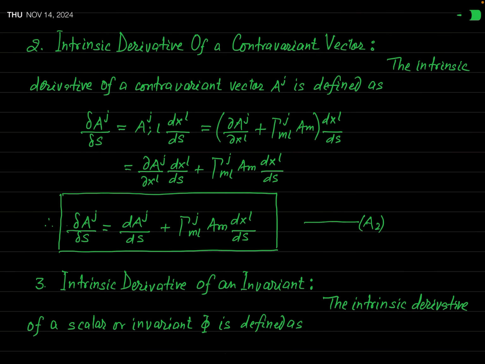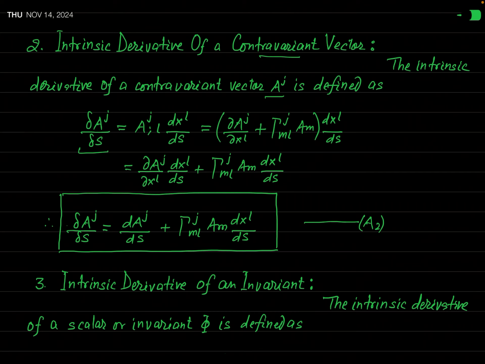Now we will define the intrinsic derivative of a contravariant vector. The definition is the same, the technique will be the same. So for defining the intrinsic derivative of a contravariant vector, let us consider that this Aj, where j is the contravariant index, is a contravariant vector. And with respect to s, its intrinsic derivative will be denoted by this symbol delta Aj by delta s.